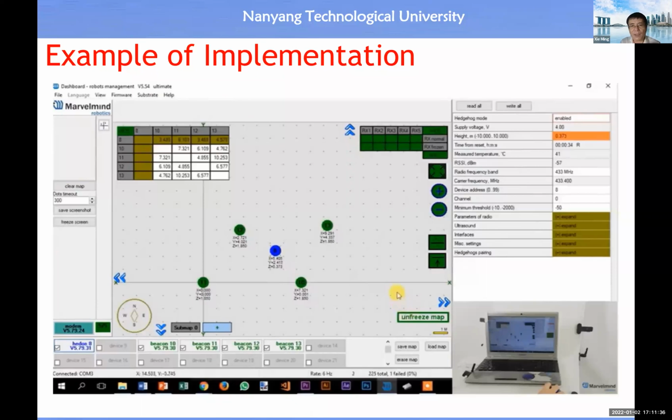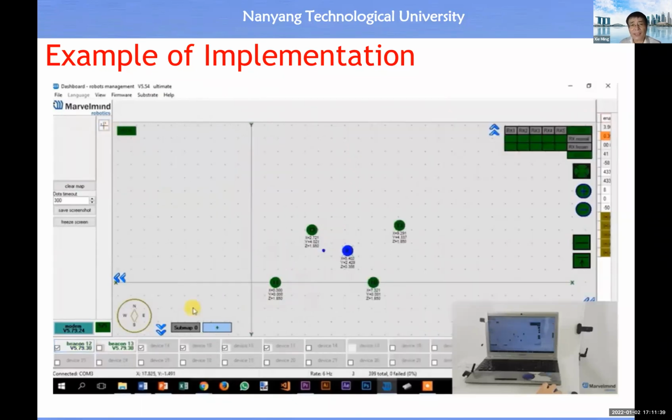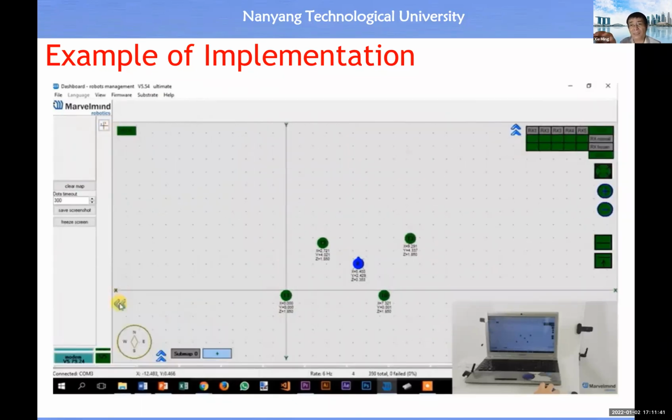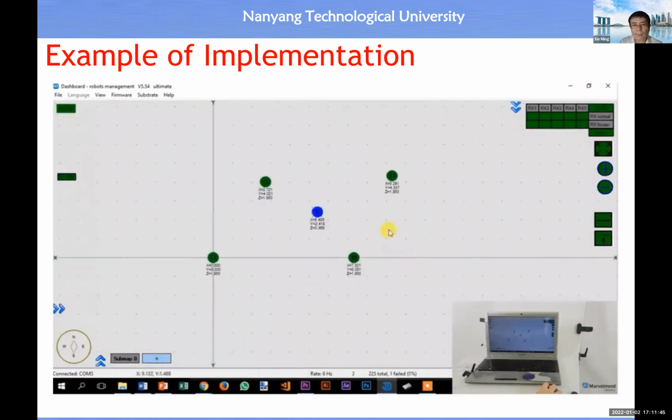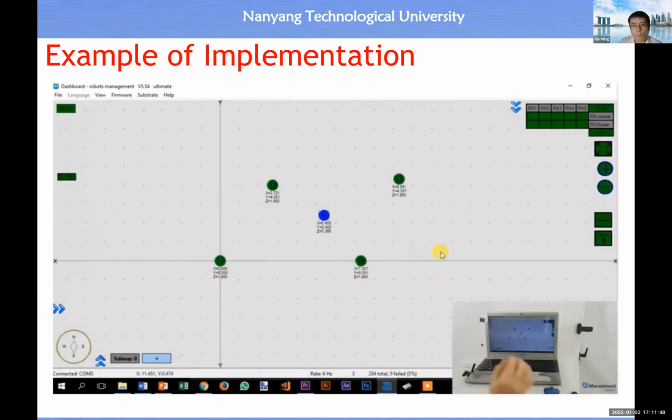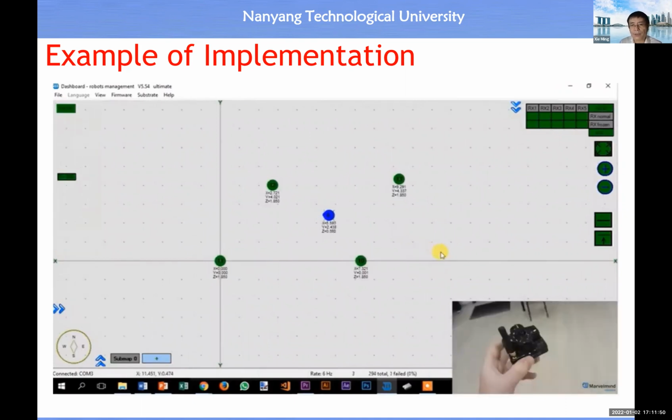The blue one should be the receiver, which is placed on the moving target. So this is the one.